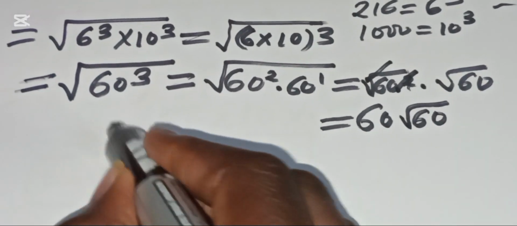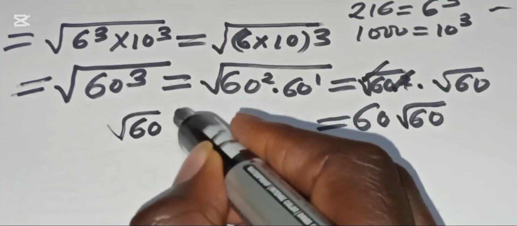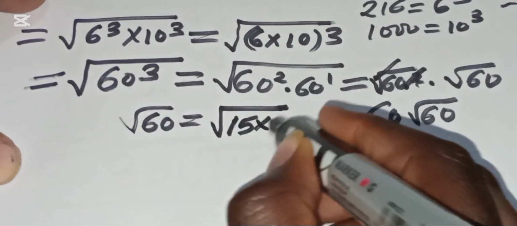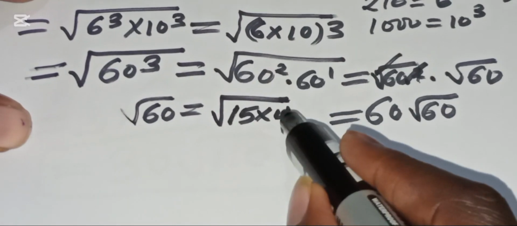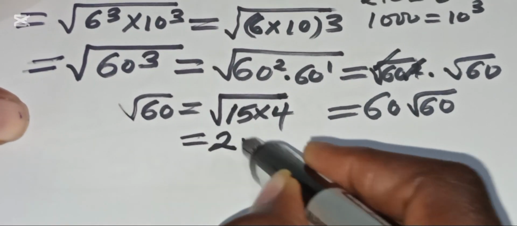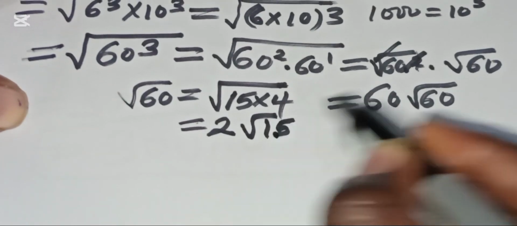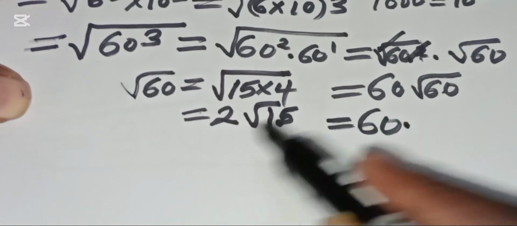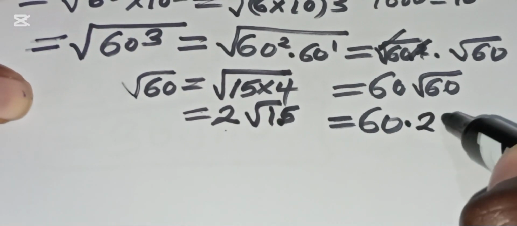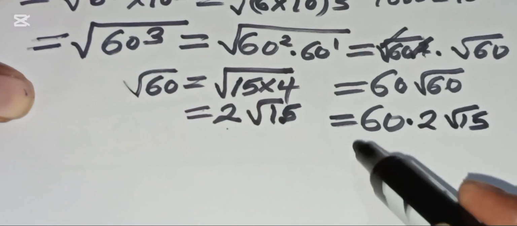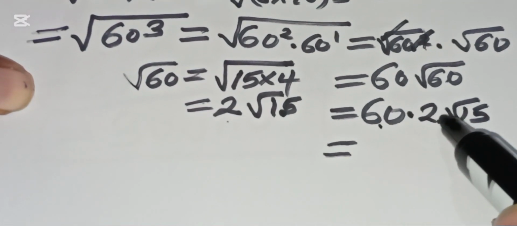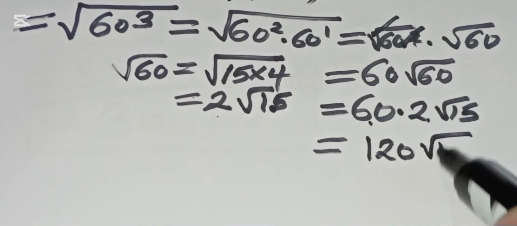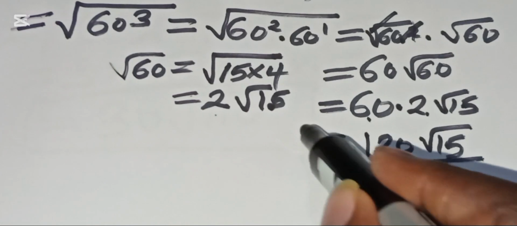The square root of 60 is the same thing as the square root of 15 multiplied by 4, and the square root of 4 is 2, so this is 2 multiplied by square root of 15. If you substitute that, we have 60 multiplied by 2 square root of 15. So 60 times 2 is 120 multiplied by square root of 15. So this is our solution applying method 2.